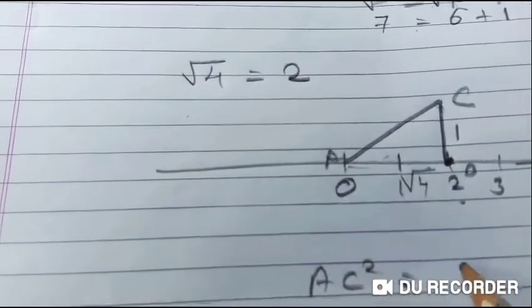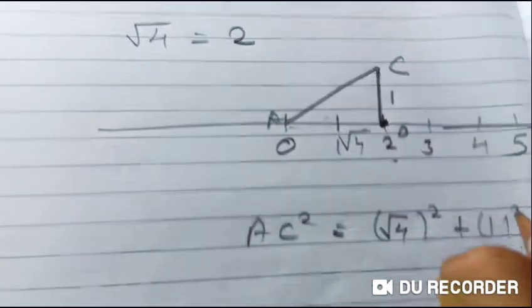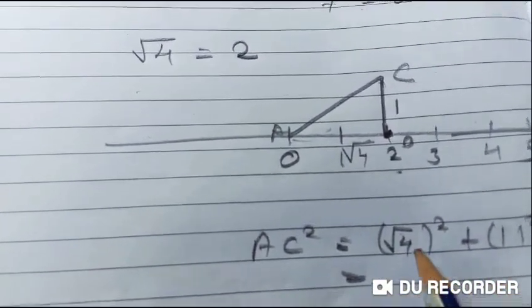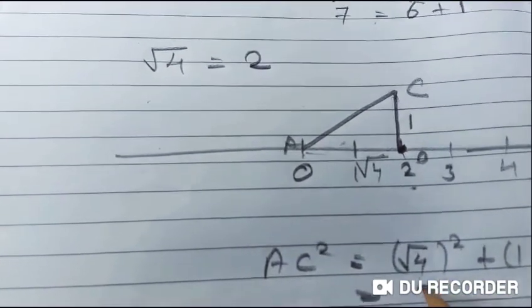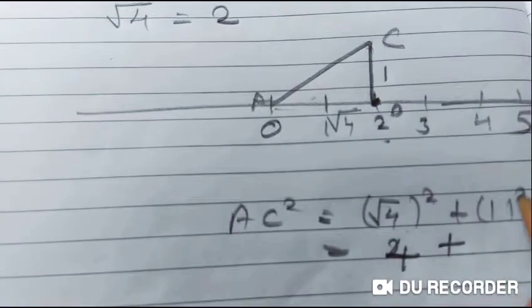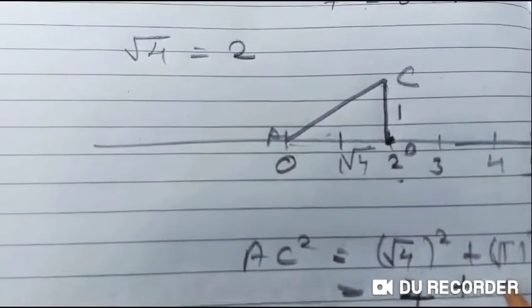AC square is equal to root 4 square plus 1 square. So square and square root cancel each other, so your answer will be 4 only. And 1 square is 1.